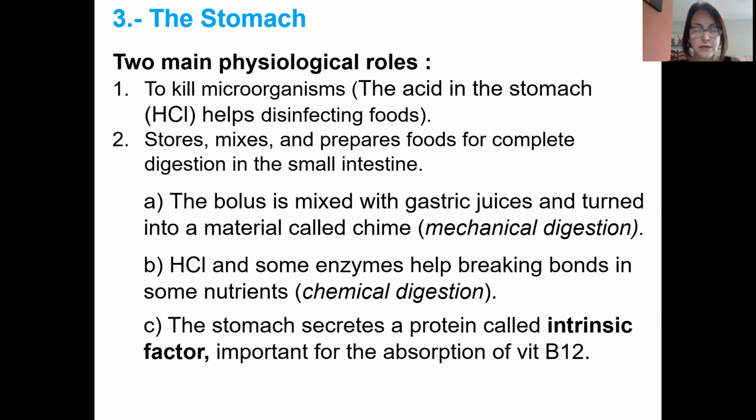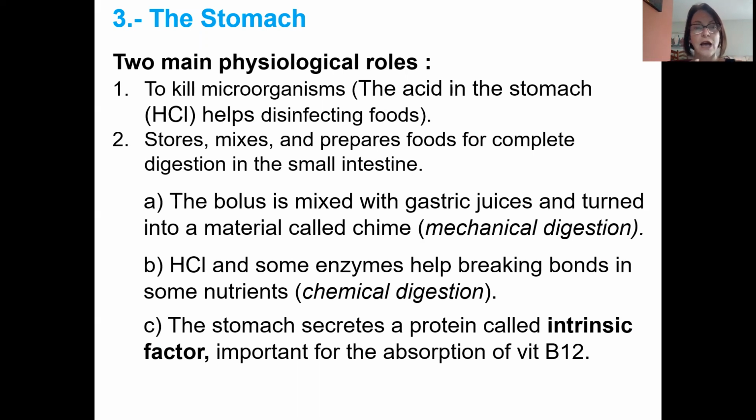So hydrochloric acid helps us to disinfect some food. Of course, if you have, for example, salmonella in your meal or whatever, sometimes the amount is too high and this is not enough. But it's a first level of defense that your body has to try to fight infection.